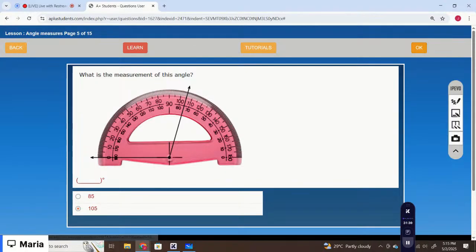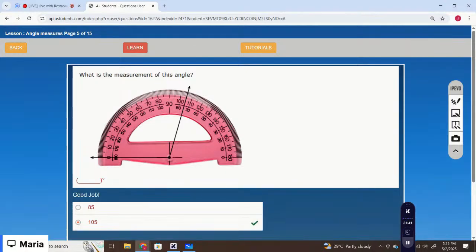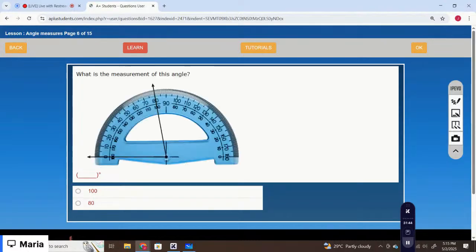Option number two is the correct option. What is the measurement of the angle?